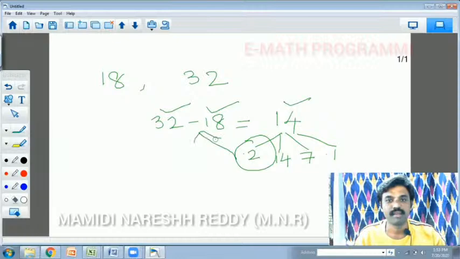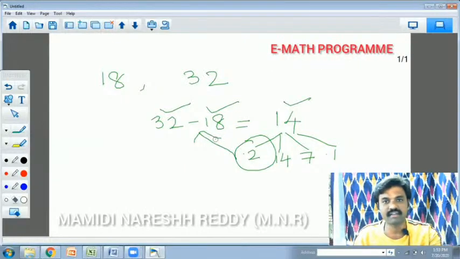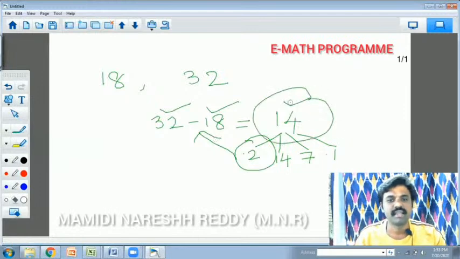What's the point? In this case, if the difference is not a factor of the given two integers, then we need to factorize the difference and select the least common factor. That common factor must be a factor of 32 and 18.